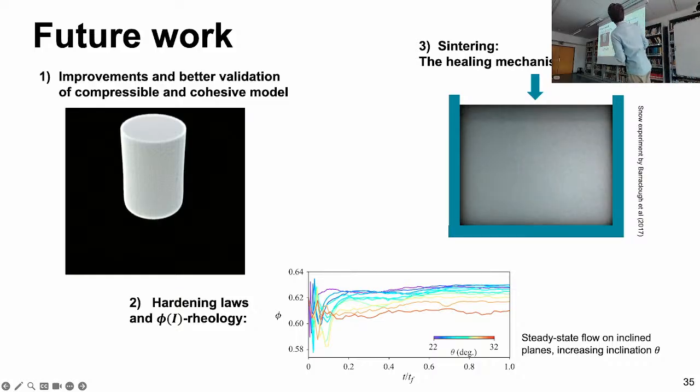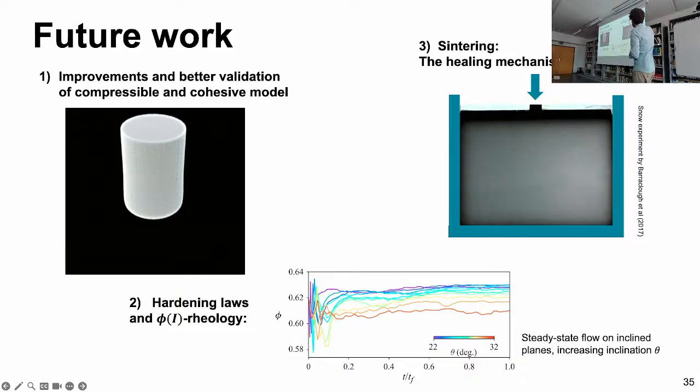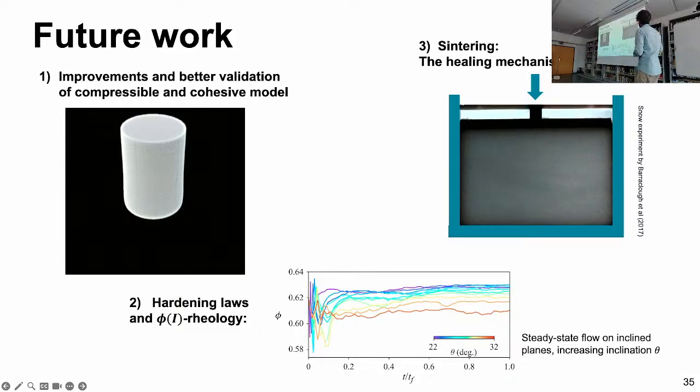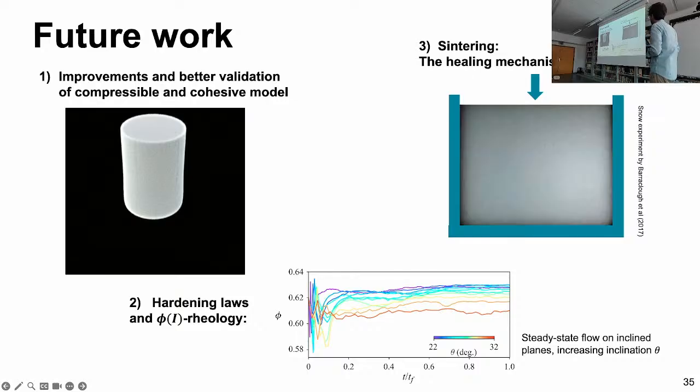I don't know if it's so visible on this screen, but you see here, there's this band propagating down, and then it reflects at the boundary, and then it starts propagating up again. So it's an oscillating compaction band, just because you're compressing from the top here. And this can really be attributed to the fact that you are breaking and healing those ice bonds in the snow microstructure.